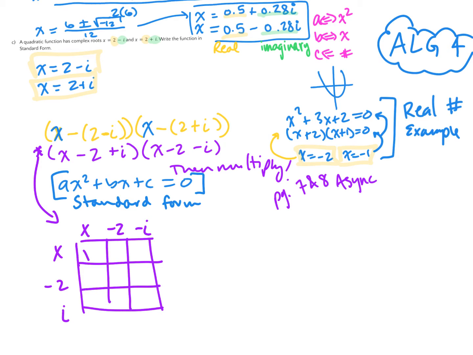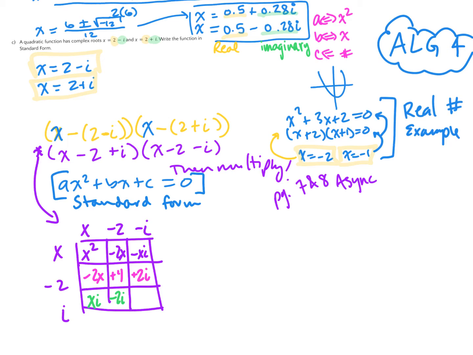Okay, x times x, x squared, negative 2 times x, negative 2x. This is negative xi. Let's do a different color for this row. Negative 2x, this is positive 4. This is positive 2i. x times i is xi.